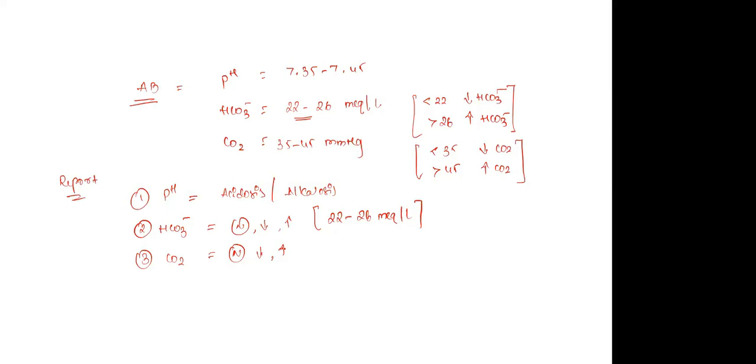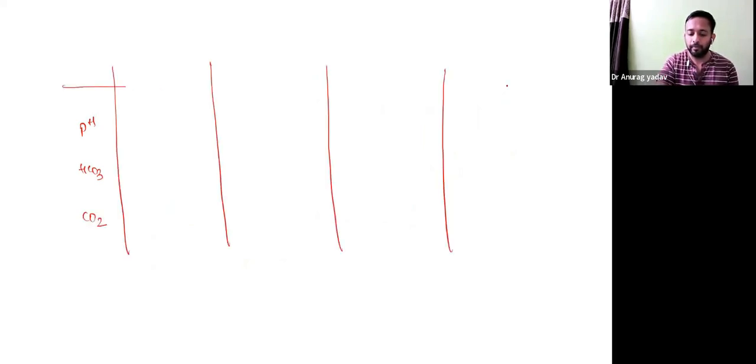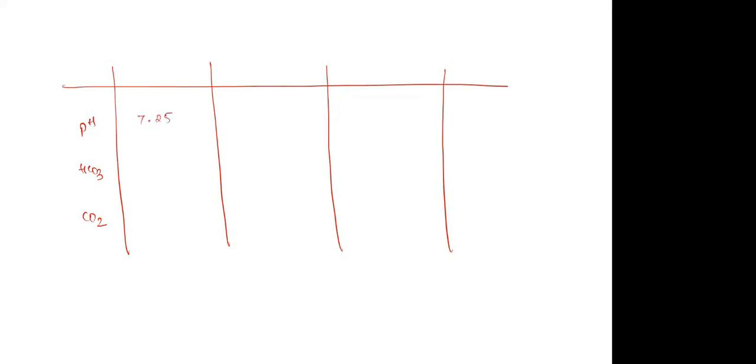So we'll see some scenarios first. We have pH, bicarbonate, and CO2. Now imagine pH has gone to 7.25. Is it acidosis or alkalosis? It's acidosis. Correct.